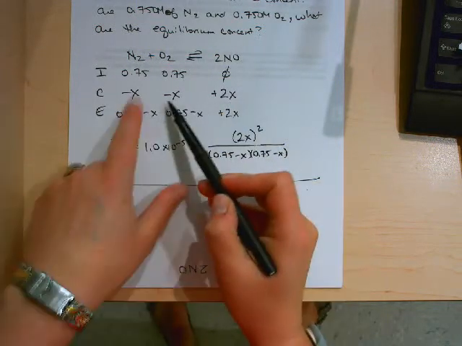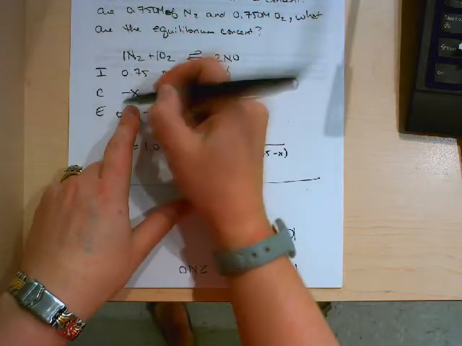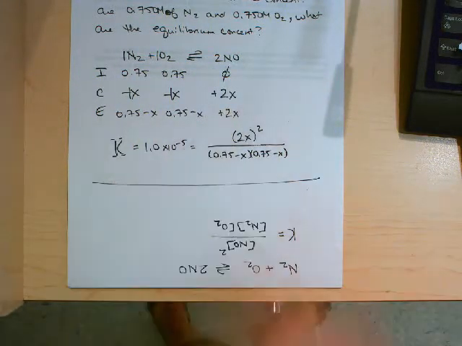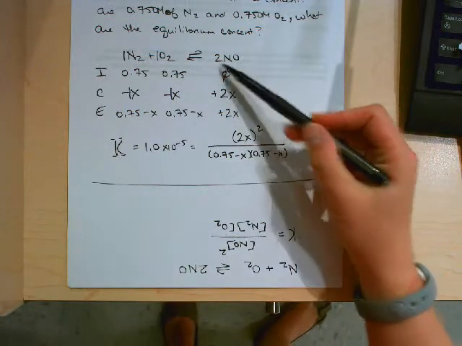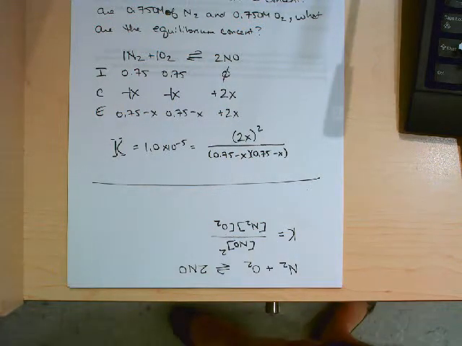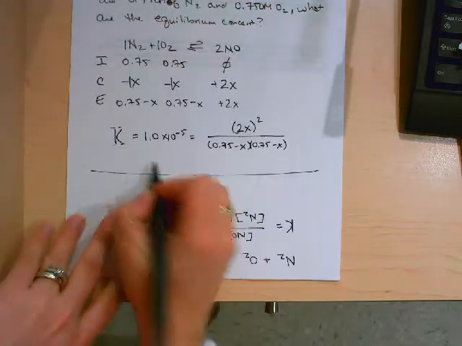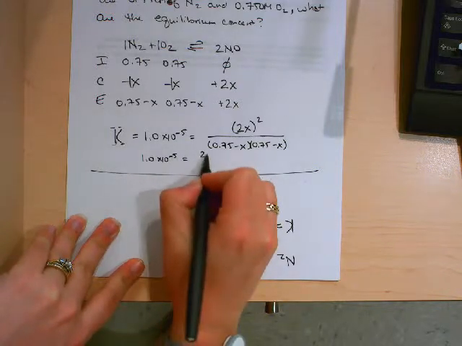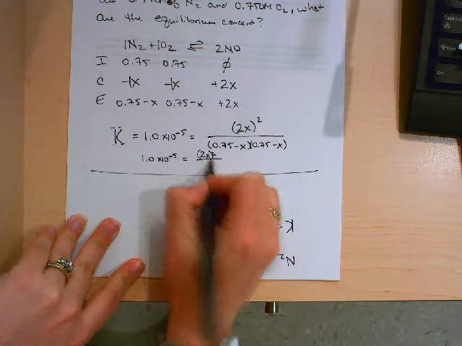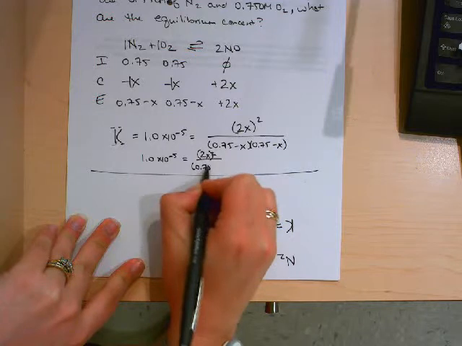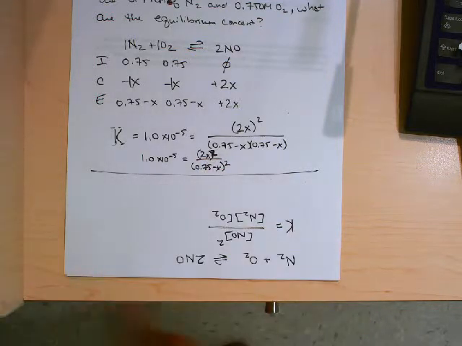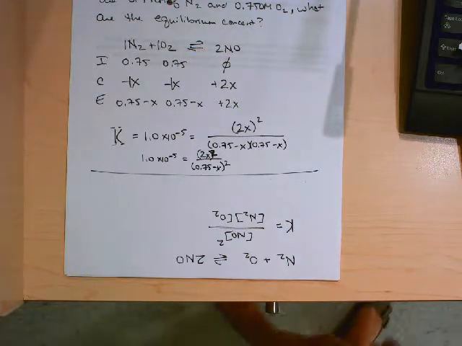It's 2x because these x's are 1s, since their coefficient is 1, but I need to add twice as much because I make twice as much. So it would look like this. Now I have the top that's squared and the bottom that's squared.